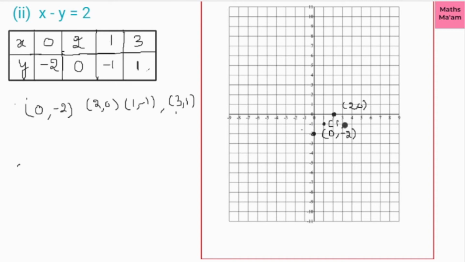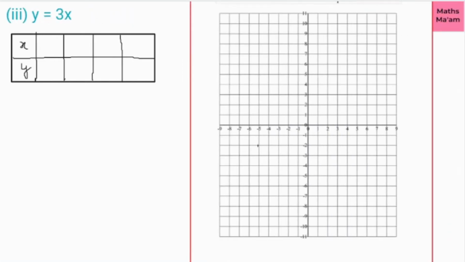And then (3, 1). So now we have 4 points. The line will pass through these 4 points because these are the solutions of this equation. So we'll join all these points with the ruler and we have the line for the equation x minus y is equal to 2, like this.